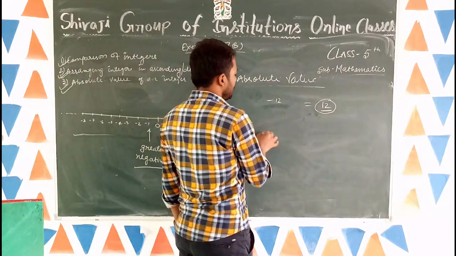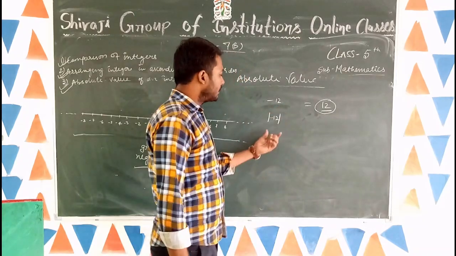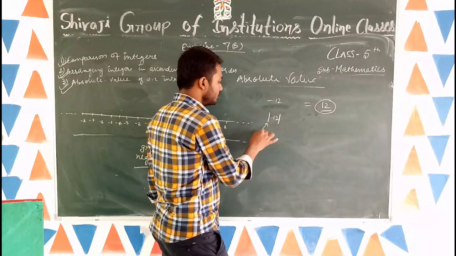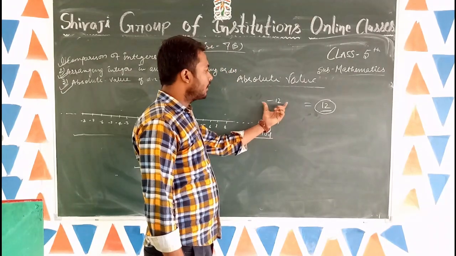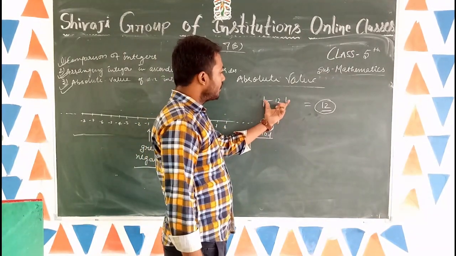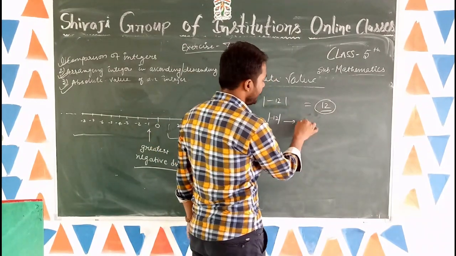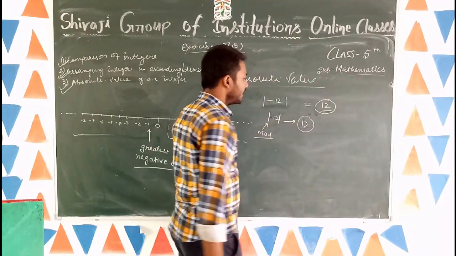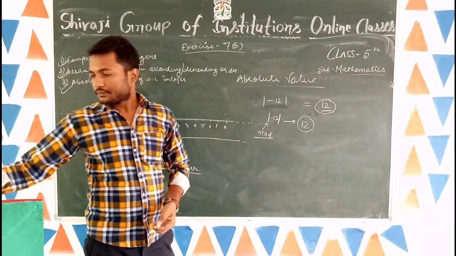And we will use two parallel lines before this number, okay? This is called mod. If we use mod in -12, then it will show its absolute value, and its absolute value will be 12. Okay students, so this is very simple concept.